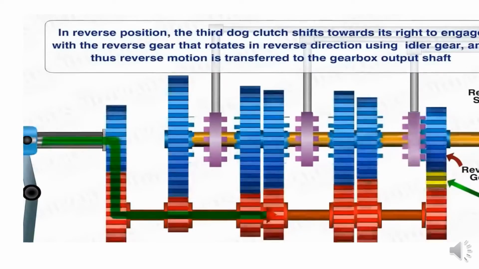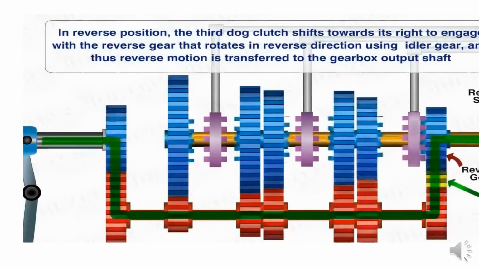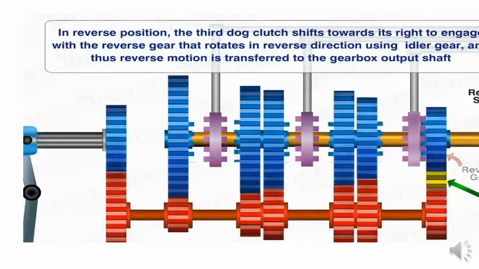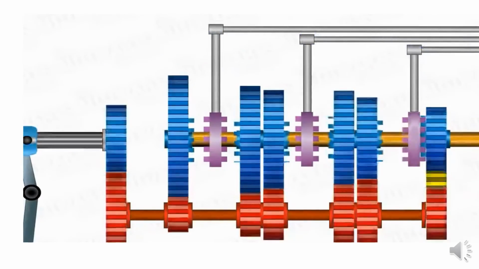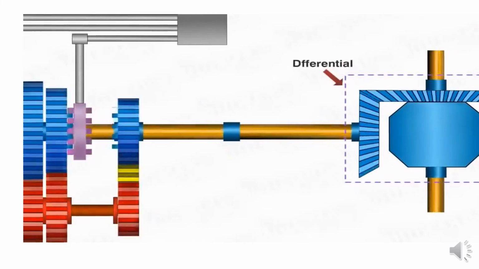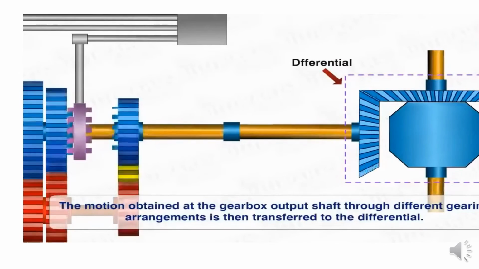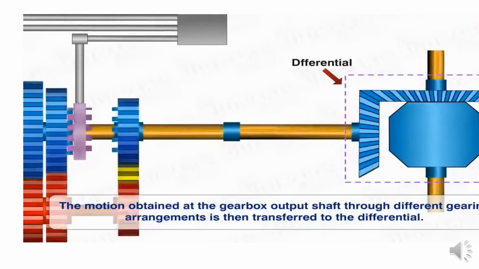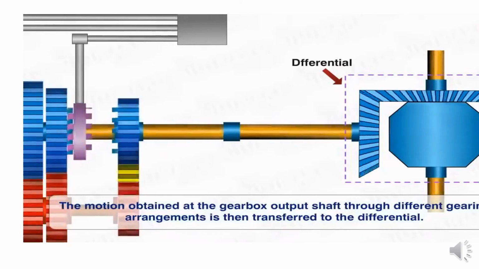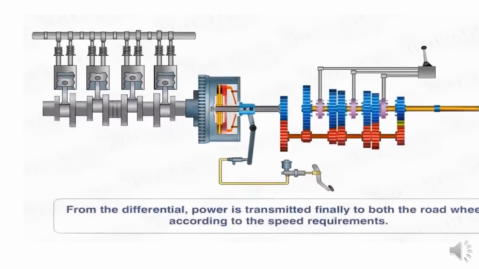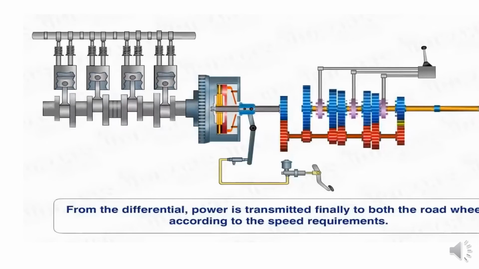The dog clutch is engaged with third gear. Now the dog clutch is disengaged and engaged with fourth gear. The green line is the power transmission indication line. Then the fifth gear: see the power transmission, fifth gear, green line. So this is the fifth gear operation.